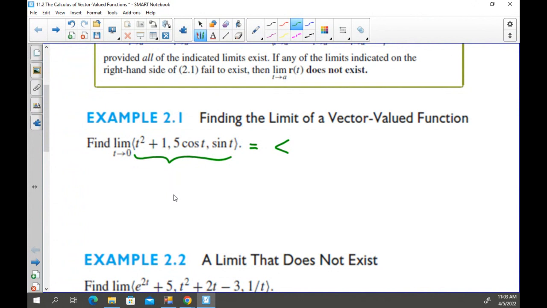It will be 1, 5 cosine 0, which is 5, and then sine 0, which is 0. That's basically the limit of this function as t approaches 0. Do you understand this? So just a normal limit, but with 3 different functions, f, g, and h.